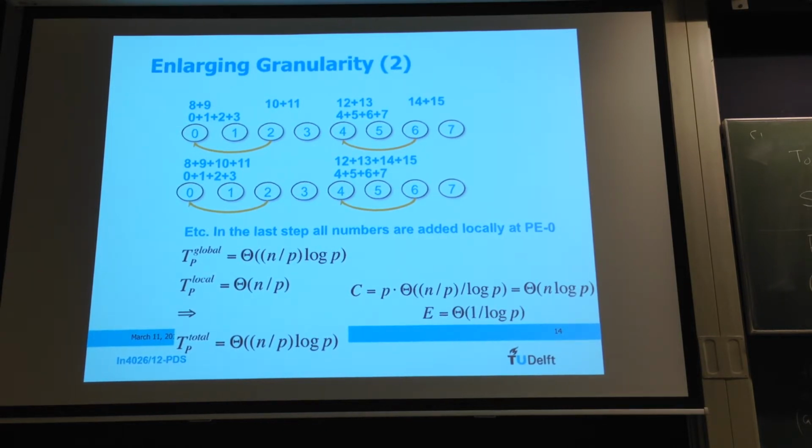Right? We had 1 over log n, and we reduced it to 1 over log p. So it's definitely better, but is it cost optimal? No. It's not order 1. Right? So this doesn't improve.